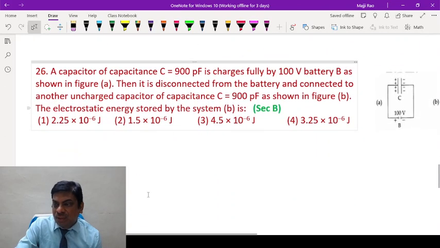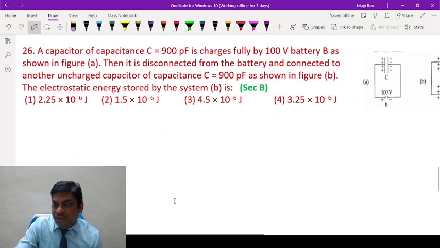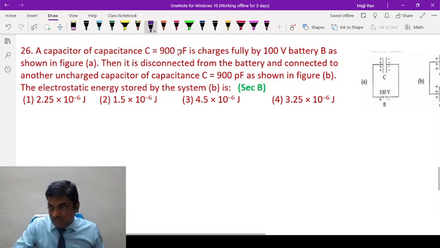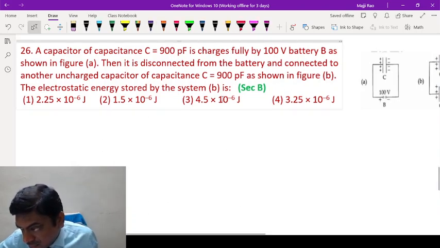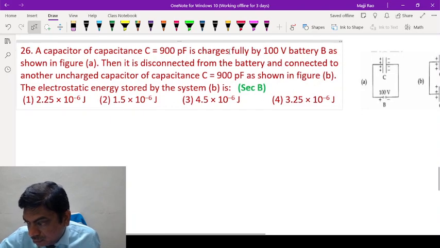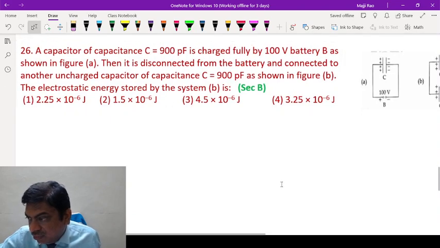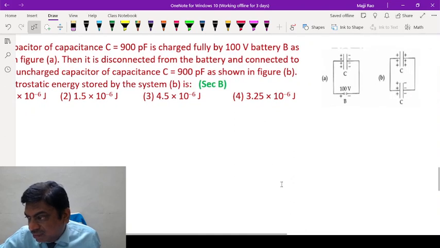Then moving on to the next question. A capacitor of capacitance this much is charged fully by 100 volt battery B as shown in the figure.